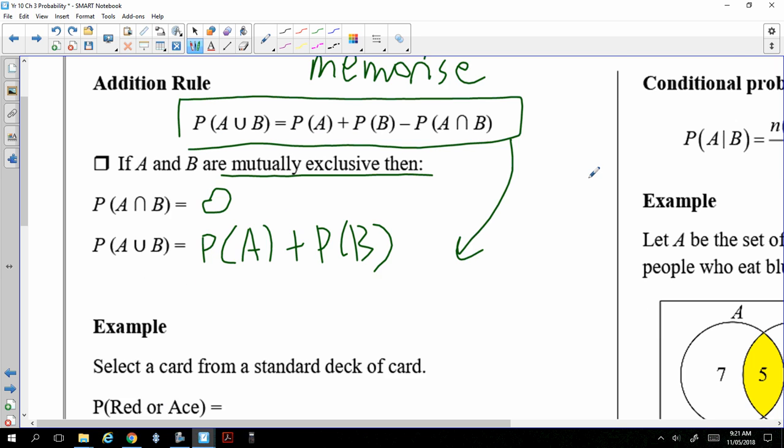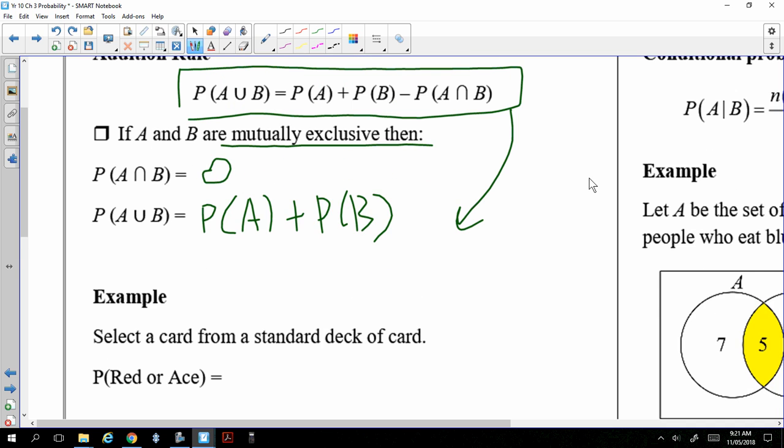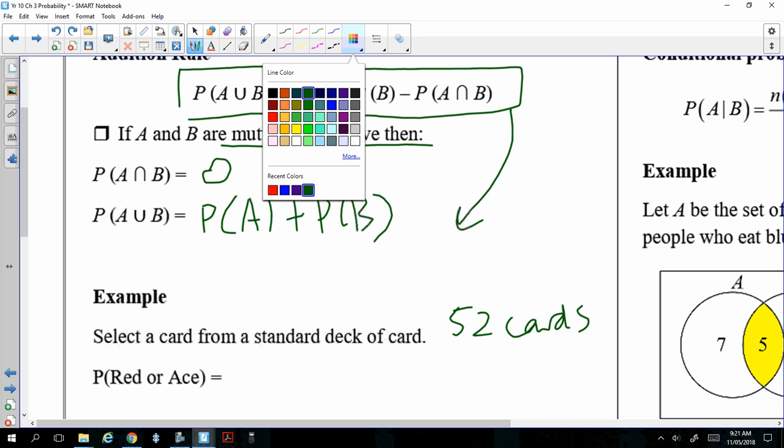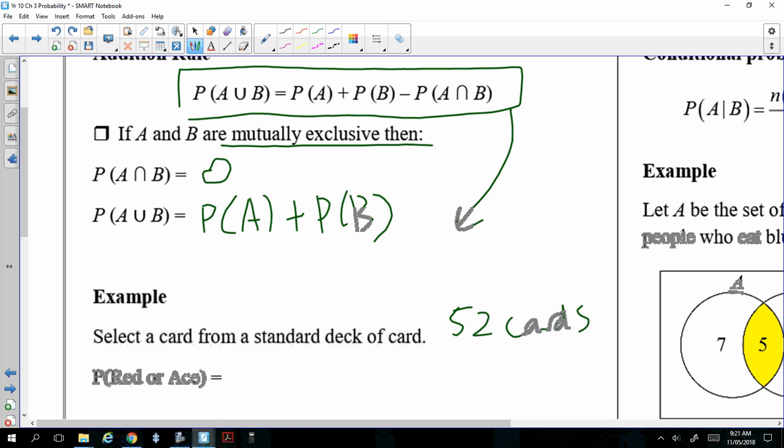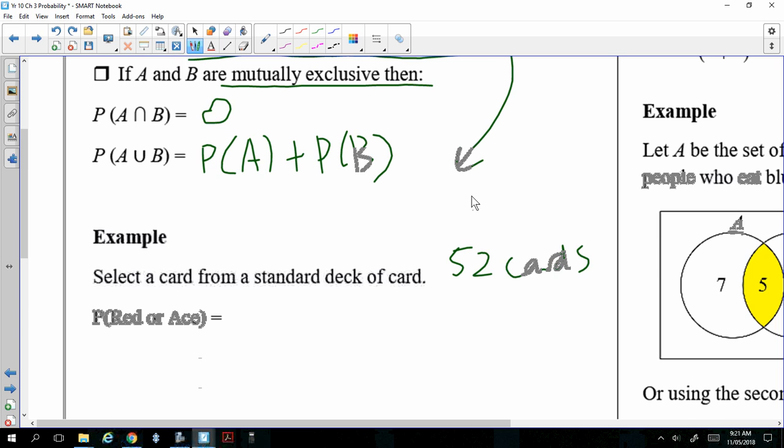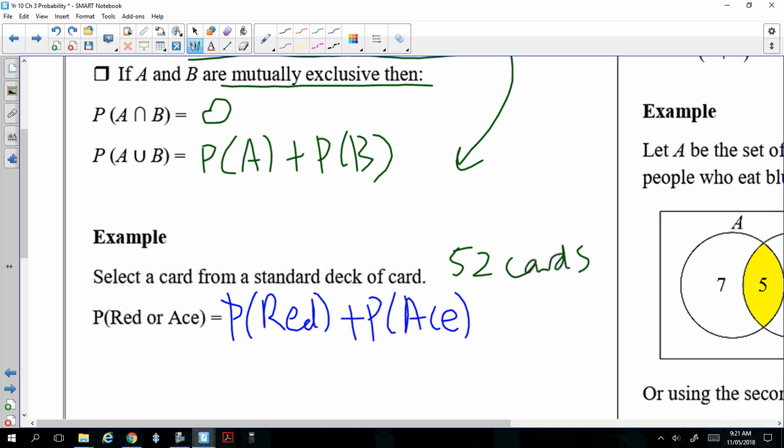Select a card from a standard deck. Remember, there are 52 cards. For the probability of red or ace, you can use the formula: probability of red plus probability of ace minus probability of red and ace, because they are not mutually exclusive. They are not mutually exclusive, so you have to subtract their intersection.